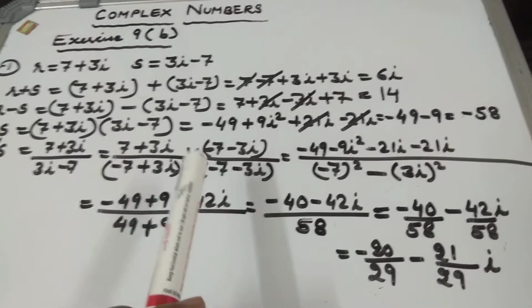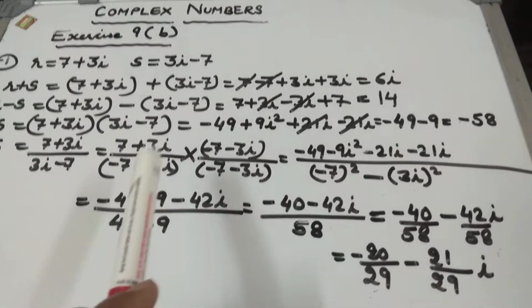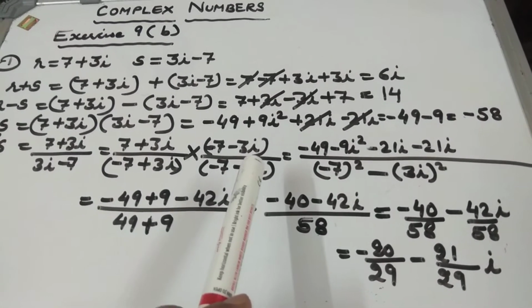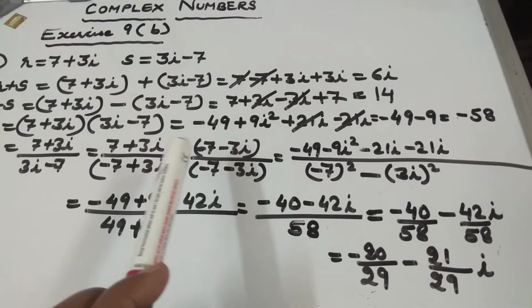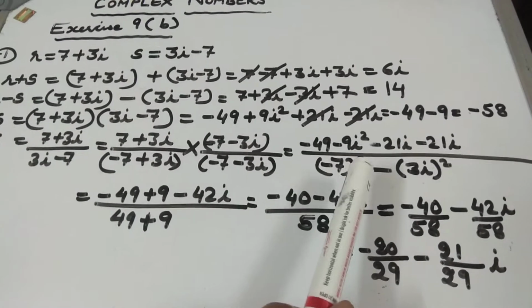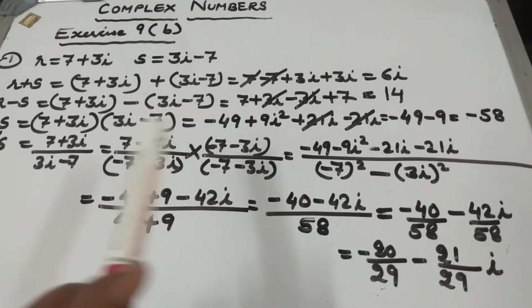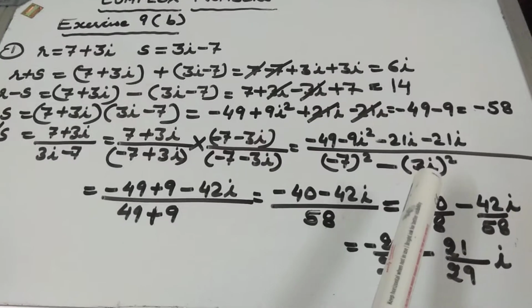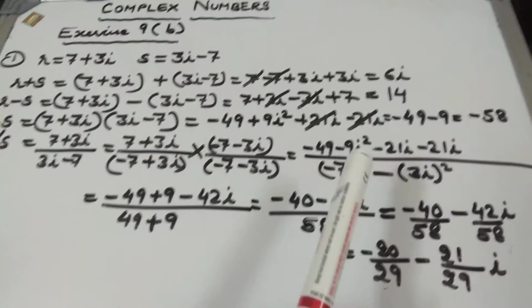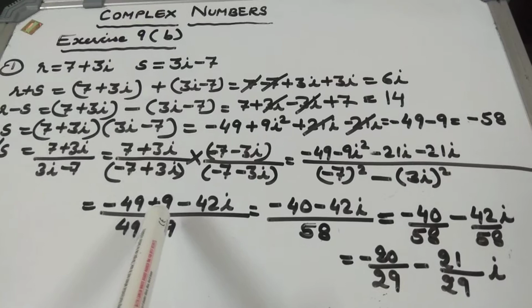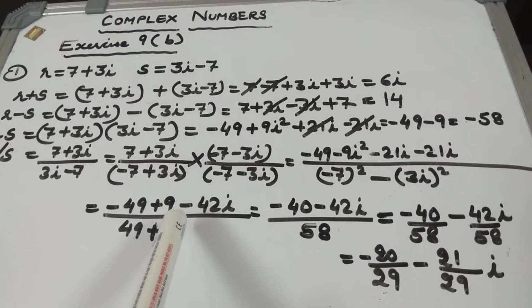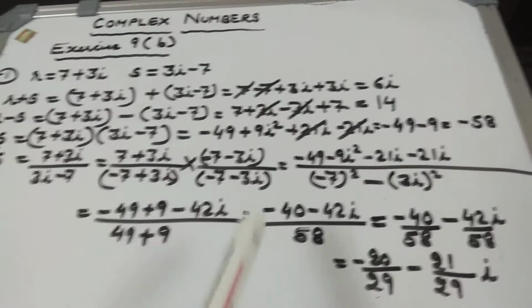So 7 into minus 7 is minus 49, plus 3i into minus 3i is minus 9i square. Now 3i into minus 7 is minus 21i, and minus 3i into 7 is minus 21i. Now minus 9i square could be plus 9 because i square is minus 1. So if you replace, you will get plus 9.